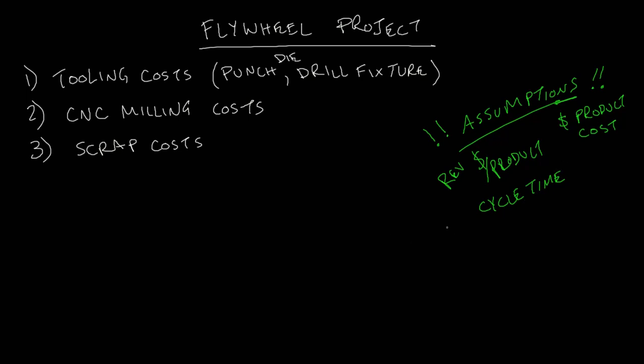It's just an assumption. That's why these are key in this cost analysis. Going back a little bit, before I even touch on how to cost out your punch die or CNC costs, I think we need to understand the break-even point.